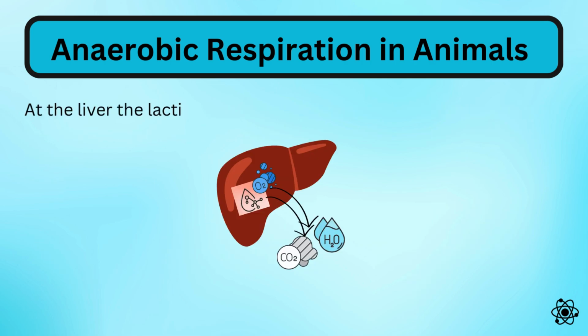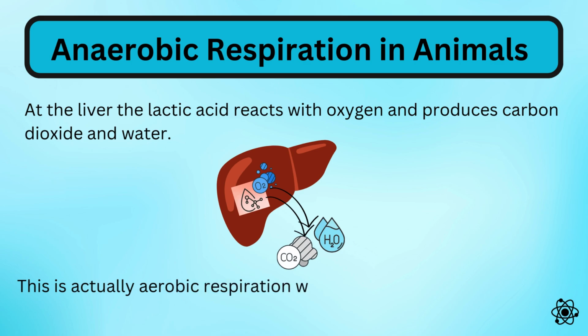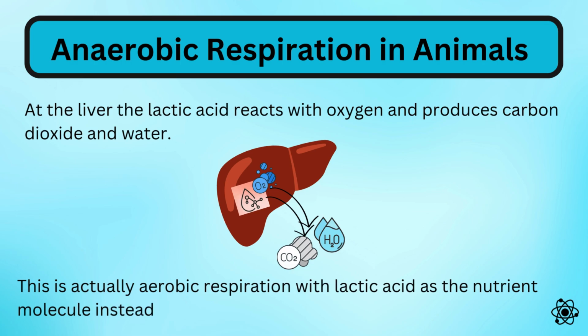At the liver, the lactic acid reacts with oxygen and produces carbon dioxide and water. This is actually aerobic respiration with lactic acid as the nutrient molecule instead of glucose.